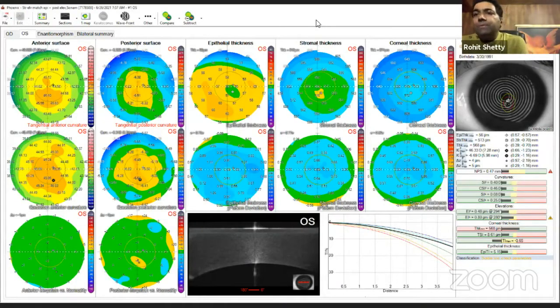What would you do? You would either do nothing, you would be scared that this is a keratoconus, or you would just send the patient off because not all of them would be suitable for ICL. Because if you understand the whole cornea in a holistic way, you would probably end up doing a procedure, which would increase your practice.